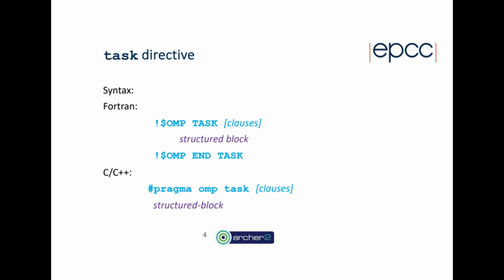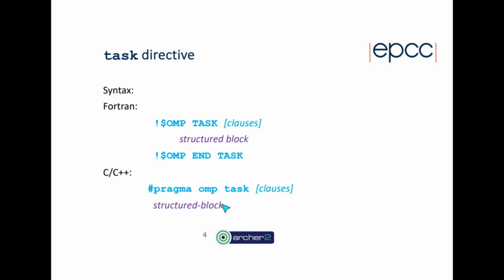Okay, so the syntax is pretty much what you'd expect. Fortran: !$OMP task, structured block of code, and then end task. And C and C++: hash pragma omp task with a structured block. Just a reminder about OpenMP syntax: for C and C++, the structured block is either multiple statements inside curly braces, or it can be simply a single statement on its own without the curly braces.